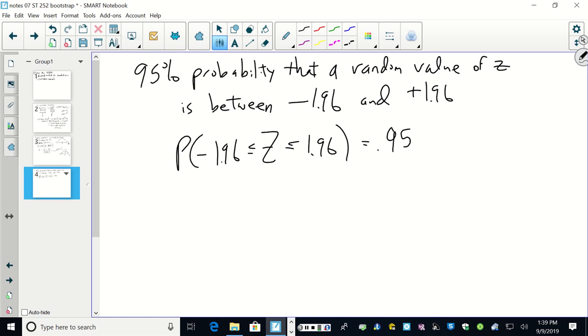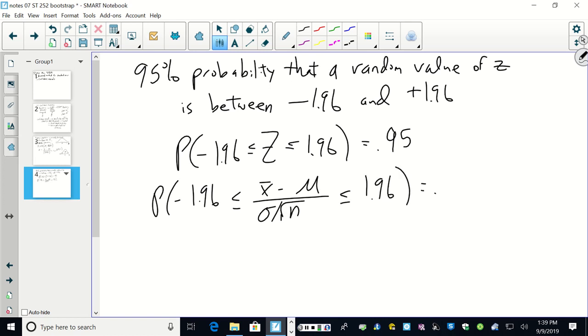But under that other statement, the z-score of our x bar is also normal. So we can plug it in there, and the statement will be true: the probability that negative 1.96 is less than or equal to x bar minus mu over sigma over the square root of n, which is less than or equal to 1.96, is 0.95. That's true because this thing is a standard normal random variable, so the cutoffs have to be the same.